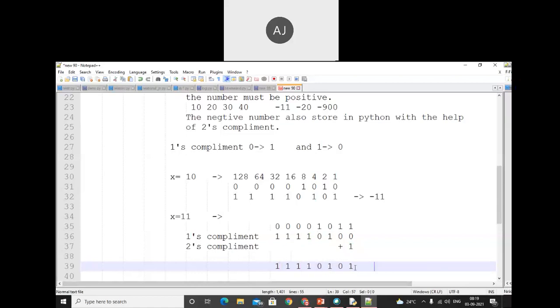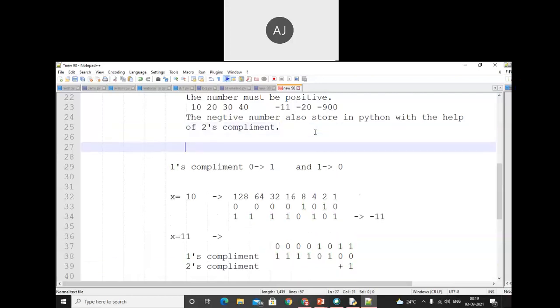Now we need to check this upper bit. Make a note of that. Here I will write one more step. If the starting bit is 0, then the given number is positive.